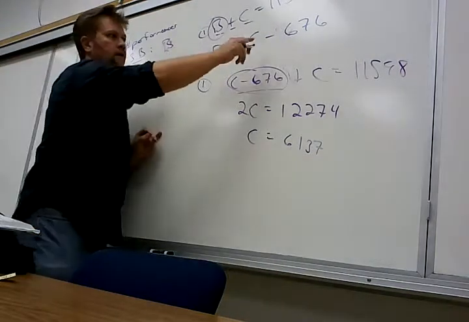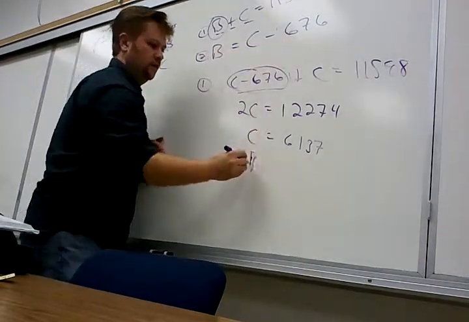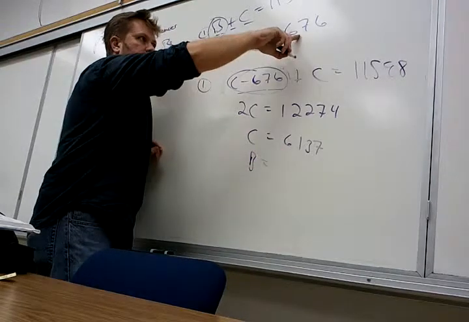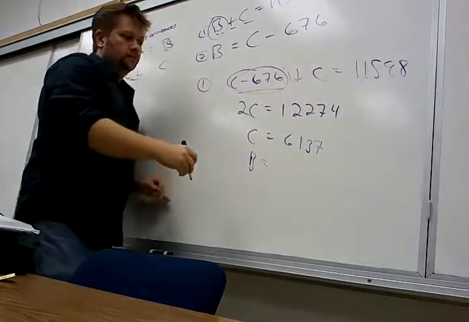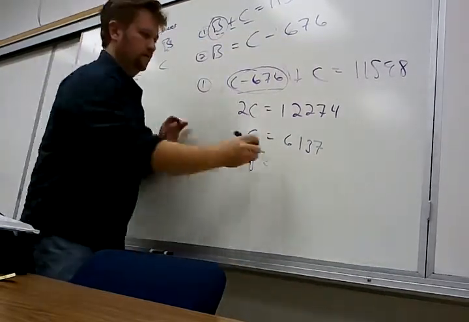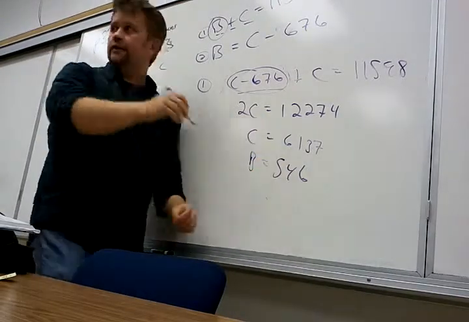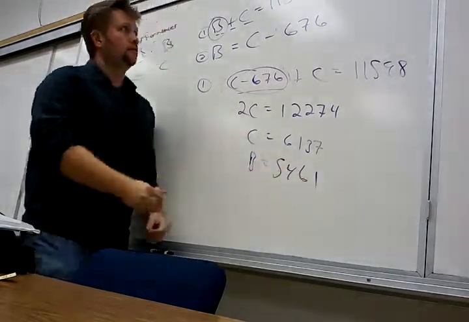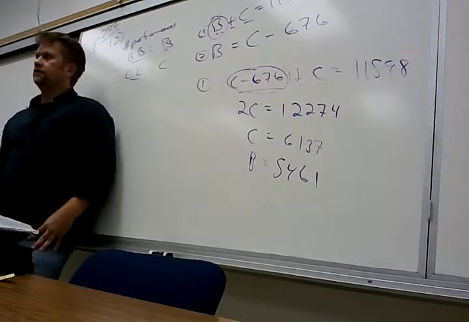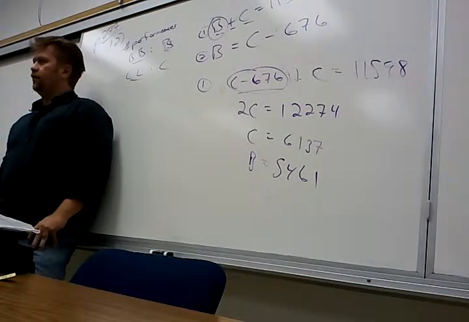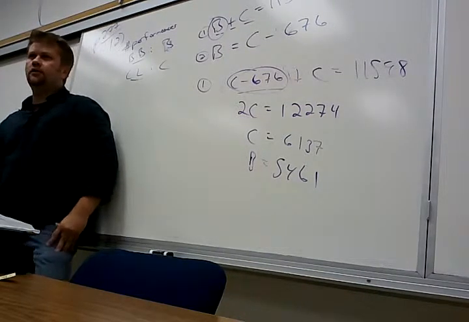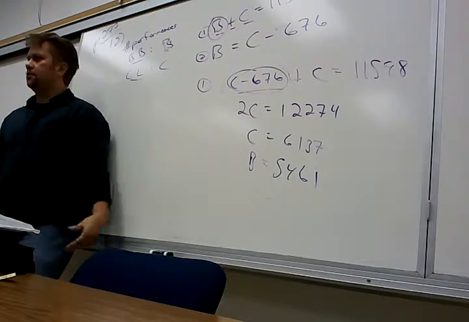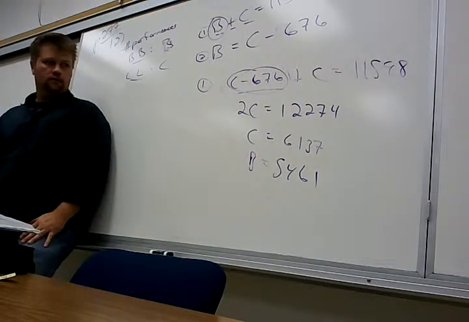And then B has to be C minus 676. So B would be this minus 676, which is 5461. I'll trust you guys. Don't get lost in the numbers. Numbers are semi-large, but it's not that bad.